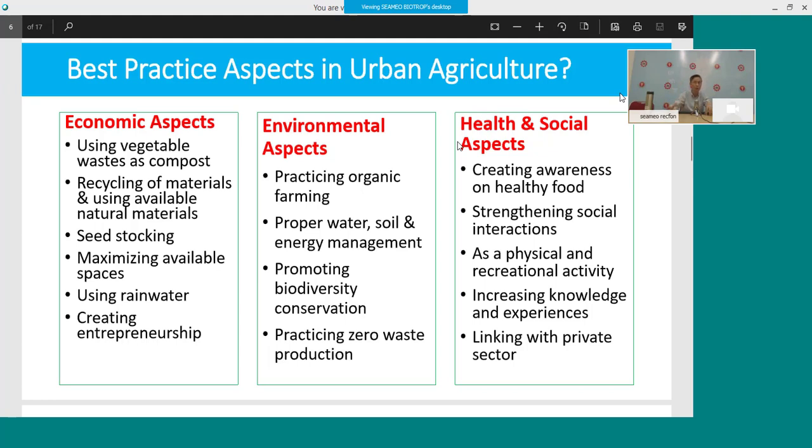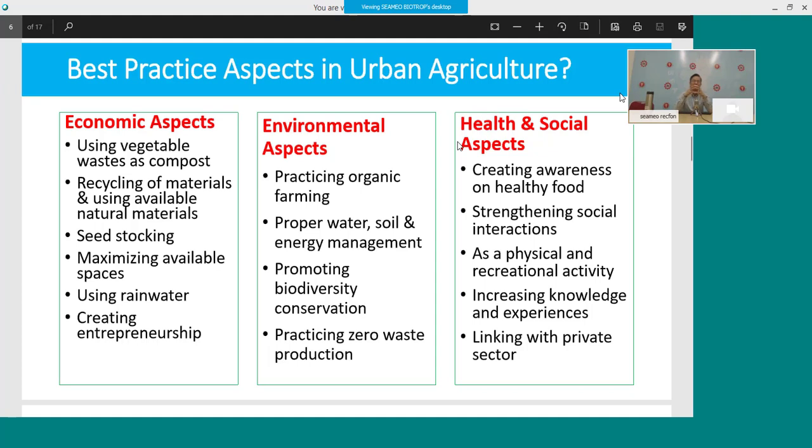This can be decomposed, or if your canteen cooks vegetables, the trimmings from the vegetables can be used and recycled as compost. And we also can use other natural resources that you can find in the school.